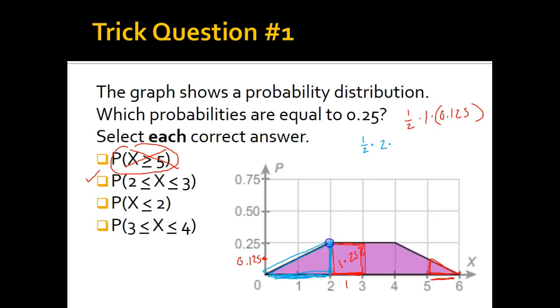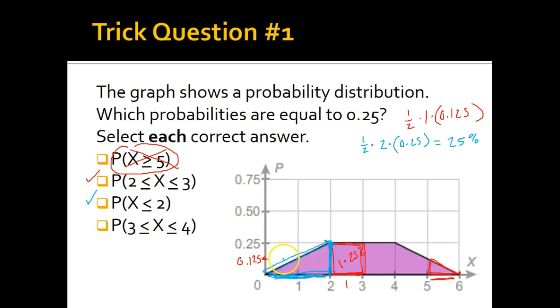This time the height is all the way up here at 25%, so 0.25. So 1/2 times 2 is 1. 1 times 25% is 25%, so the area is 25%, so that one is also true.